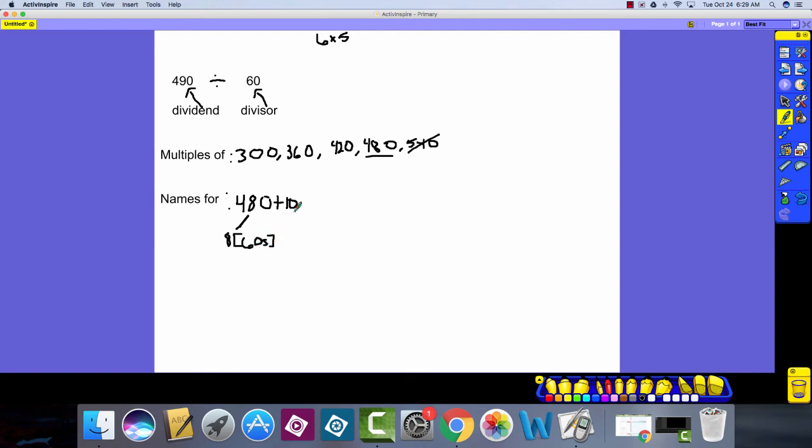And then I can't put any 60s into 10, so that's just what's left over. So 490 divided by 60 results in my quotient of 8 with a remainder of 10. So here I was able to use my basic facts to really quickly divide 490 divided by 60.